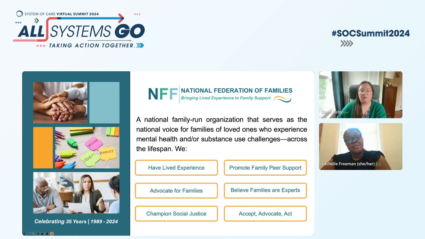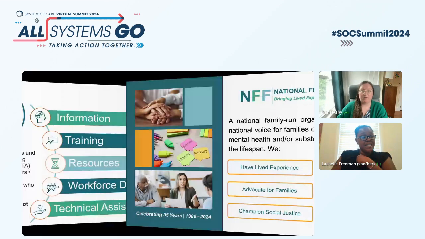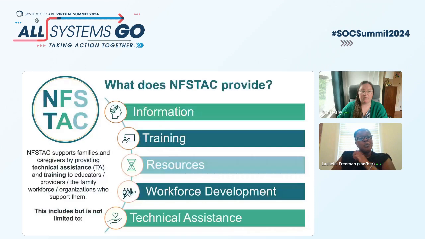We really do believe that the families are the experts to their families. And because we believe that, we always like to say we accept, we advocate, and we act.